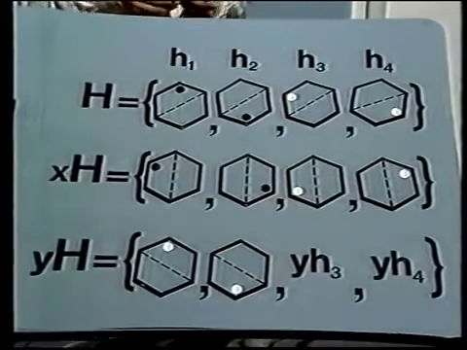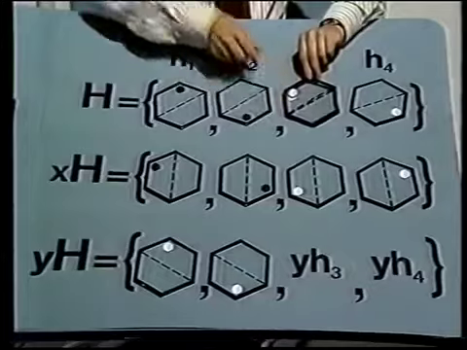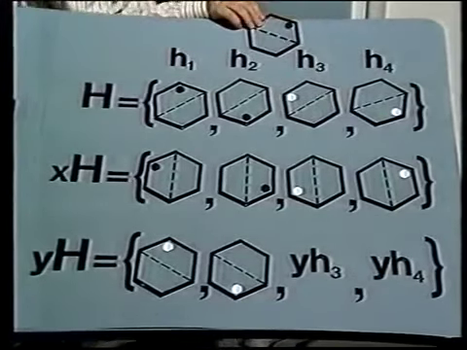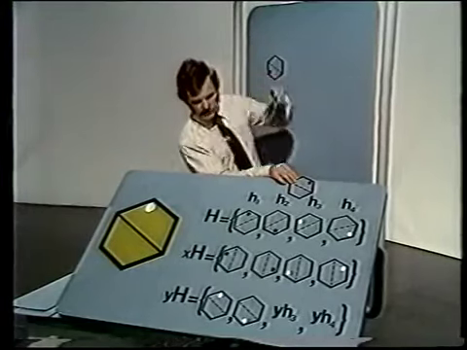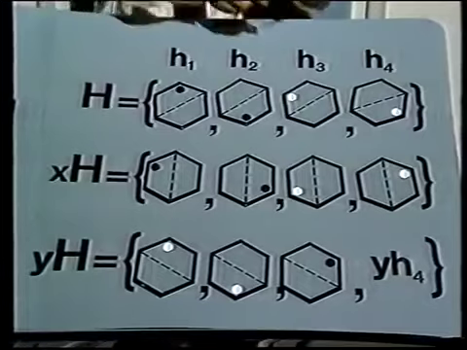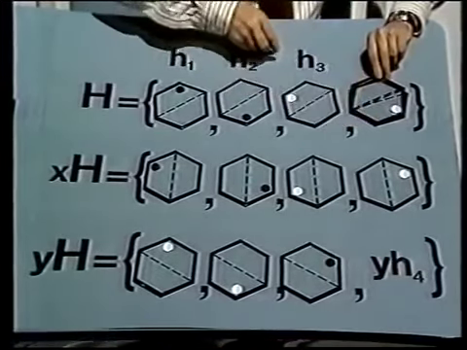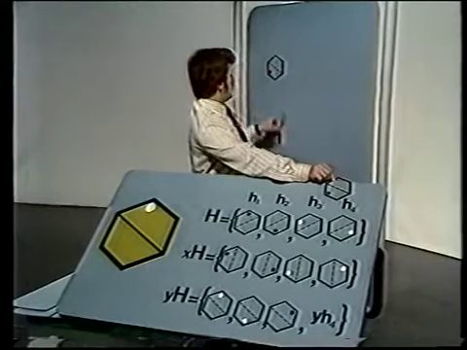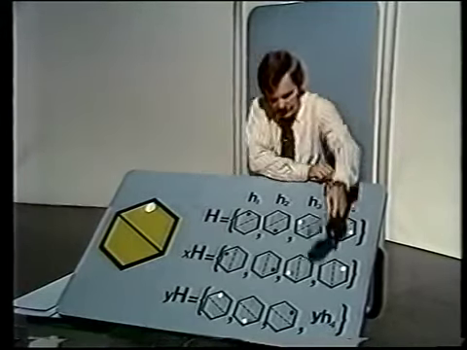And similarly for YH3, go to the H3 position, apply Y, which is reflection in the vertical axis, gives us this. There's YH3. And finally for YH4, the H4 position, apply Y, gives us this. Oh, that's lucky. It's the last element.